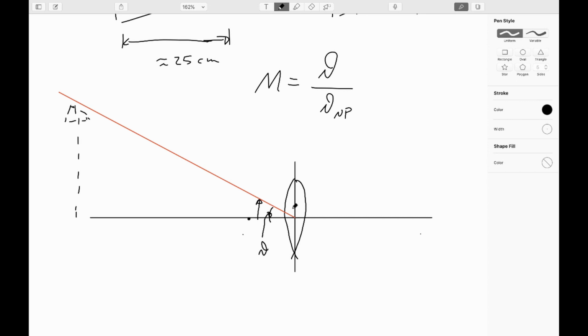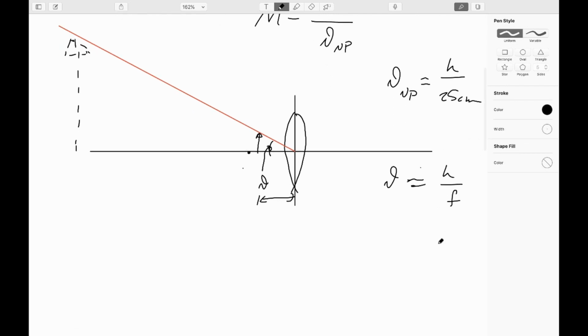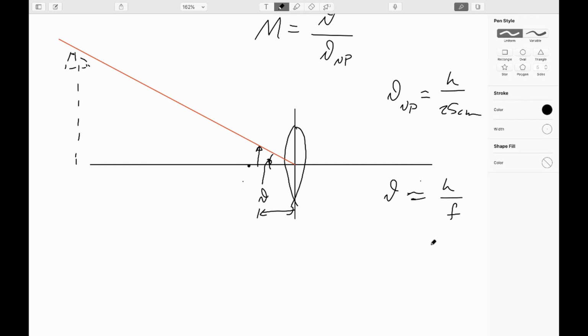So now what we've done is, instead of our height, our angle at near point was going to be roughly the image height over 25 centimeters. Now our angle is roughly the object height over the focal length. Okay, so we can stick into our definition for angular magnification.